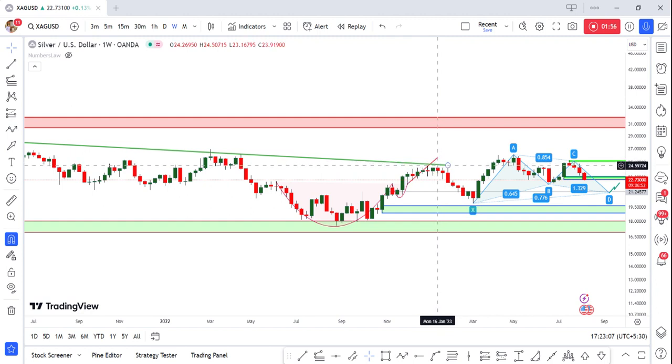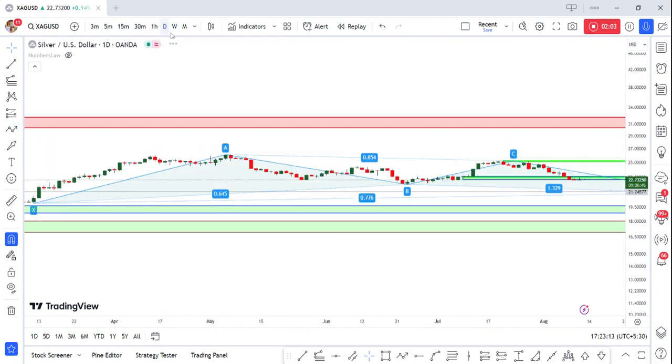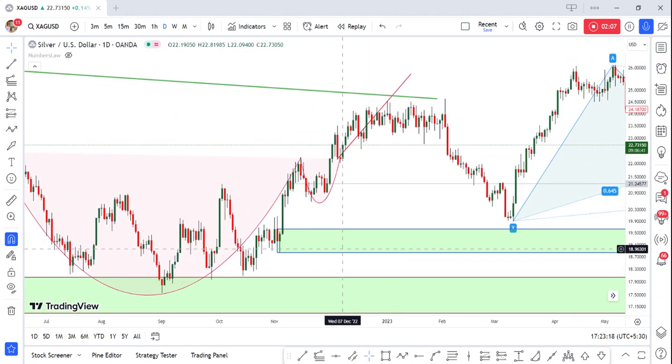Then there was a move downwards, and we had a good demand zone here. Let me switch the time frame. We had a good demand zone around $19. We thought the price would get inside and then move up.